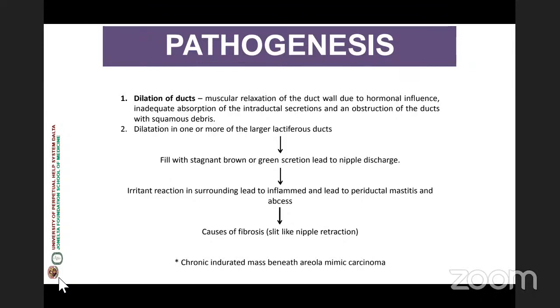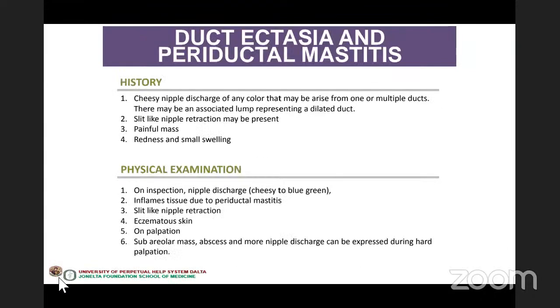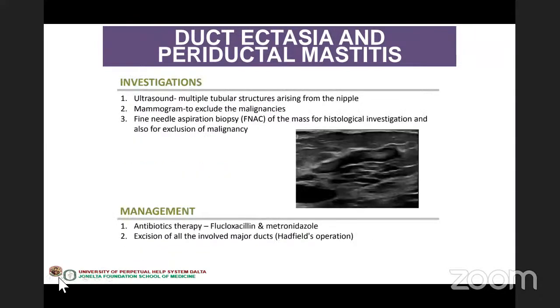As we have mentioned, you have to consider malignancy in these cases. You do a biopsy for histological investigation and also for exclusion of malignancy. Management is antibiotic therapy or excision of all the involved major ducts.